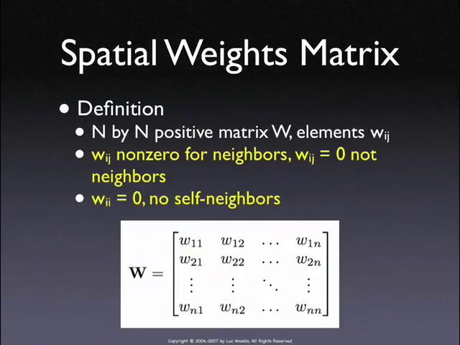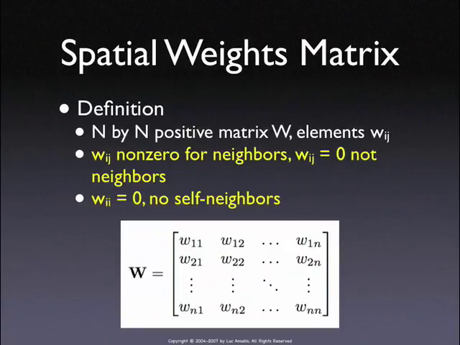The neighbors are those columns for which the weight is non-zero. If the weight is 0, they're not neighbors. Then there's one other thing. There is no self-neighbor relation. You're not a neighbor to yourself. As a result, the elements on the diagonal are all 0.